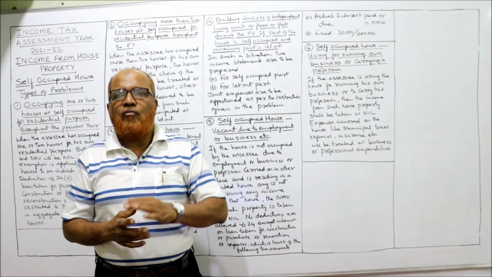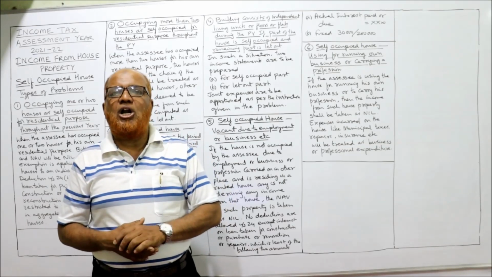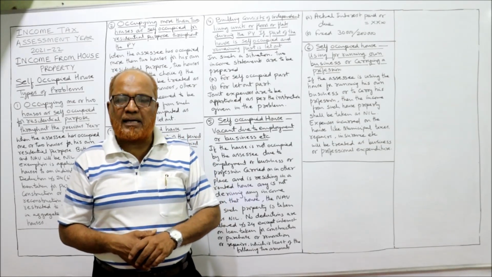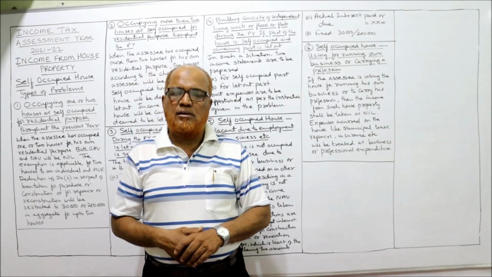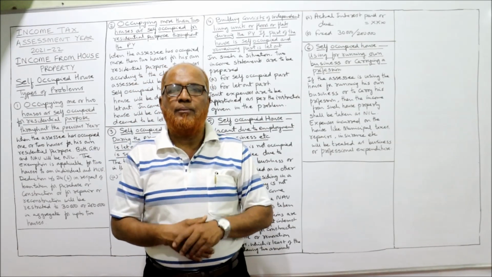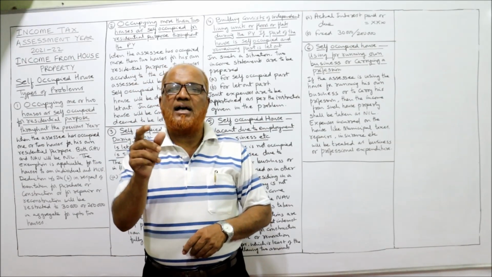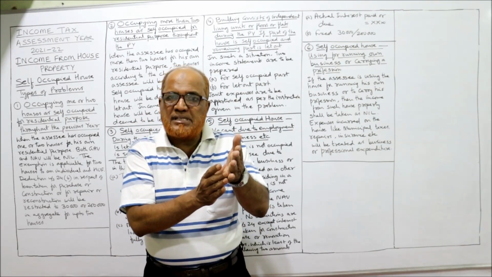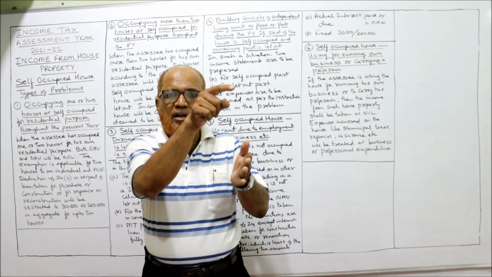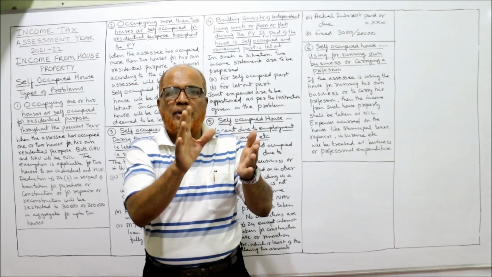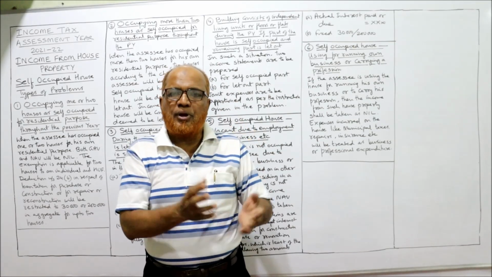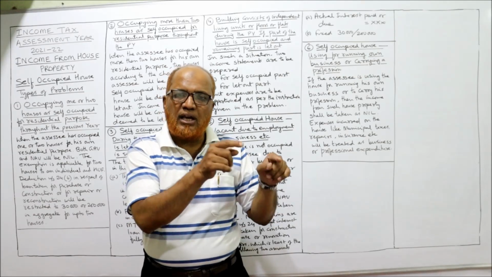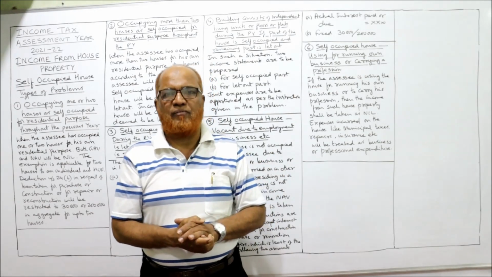Whatever expenditure is incurred on the property, like municipal taxes or repairs or insurance, will be treated as business expenditure. So while computing income from business, the expenditure incurred on the property will also be allowed as deduction.